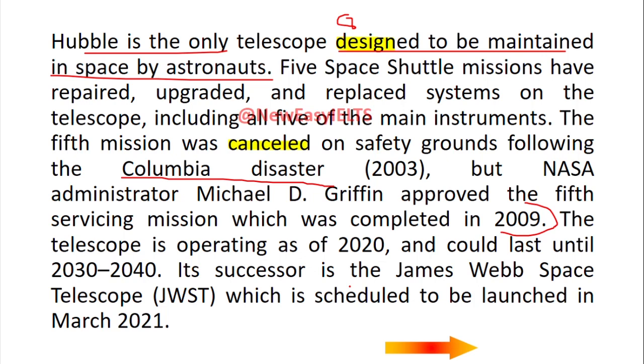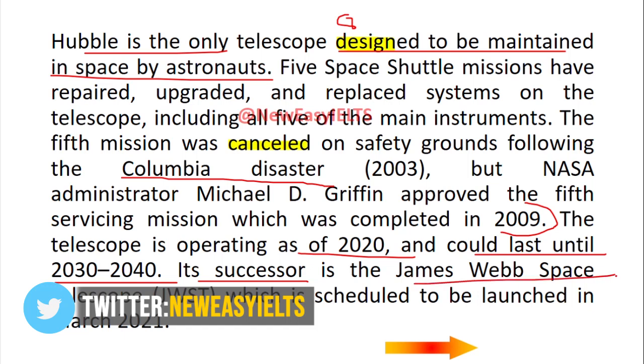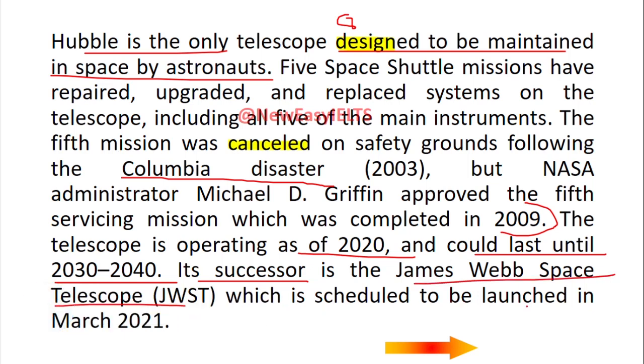So we have to just read on. The telescope is operating as of 2020 and could last until 2030 to 2040. Its successor is the James Webb Space Telescope, which is scheduled to be launched in March 2021. Okay, so we got the word here.